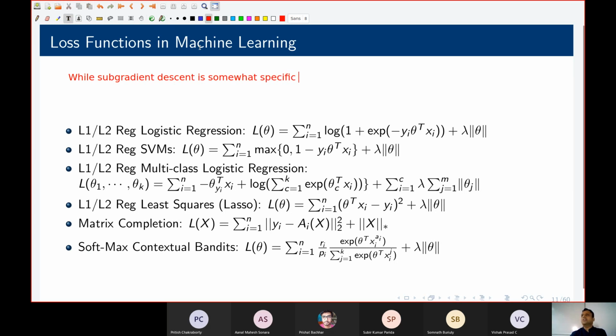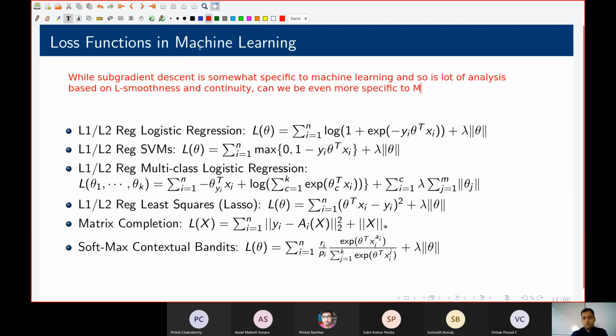I must tell you that Lipschitz continuity and smoothness, a lot of analysis has developed because of machine learning. So a lot of analysis is based on Lipschitz smoothness and continuity. Can we be even more specific? Oh, machine learning.